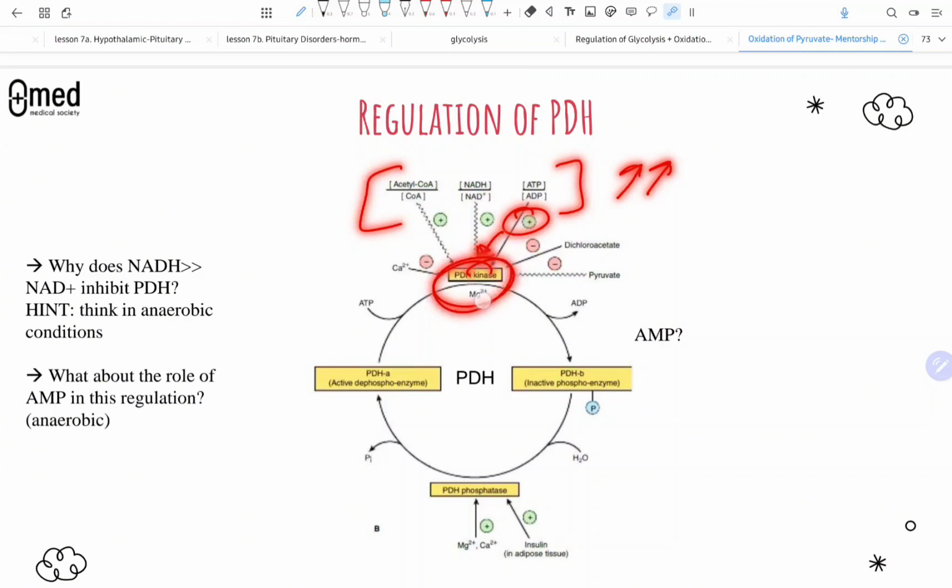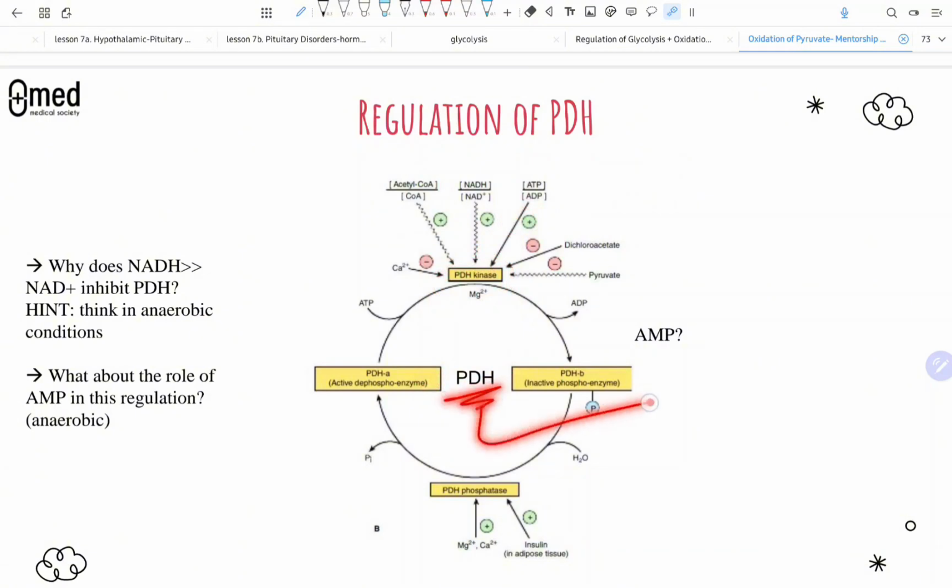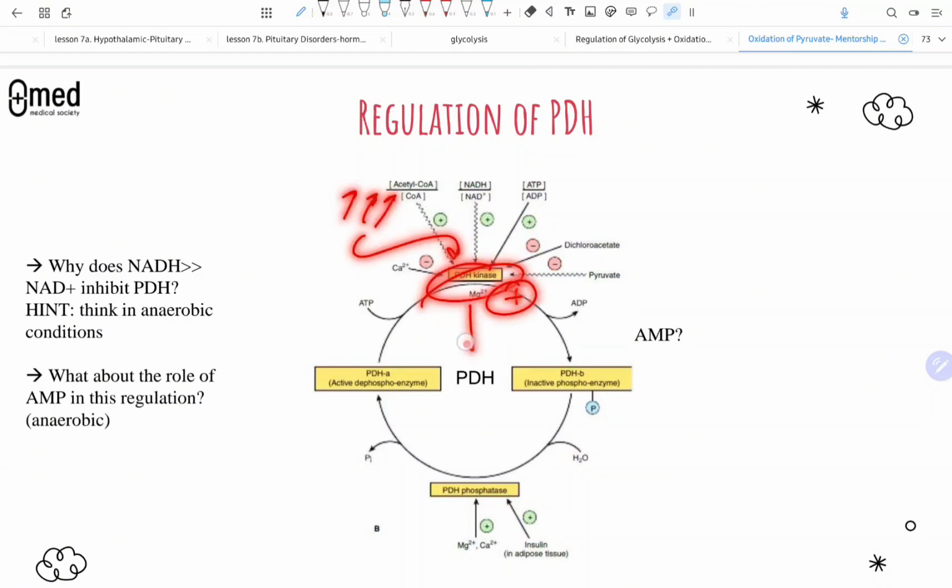If PDH kinase is activated, it goes and adds PO43- to PDH. As I said before, if PDH is phosphorylated, it is inactive. Check, makes sense. So I will reiterate: an increase in these activates PDH kinase. PDH kinase is activated, it goes and phosphorylates, or adds a phosphate to PDH. When PDH is phosphorylated, it is inhibited. Okay?